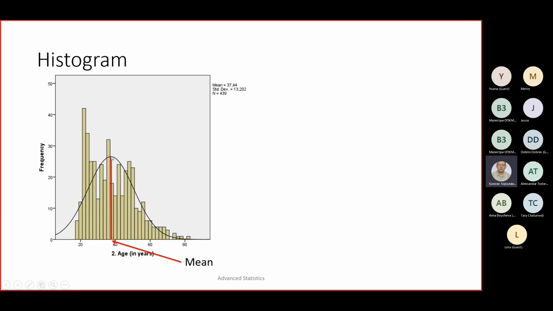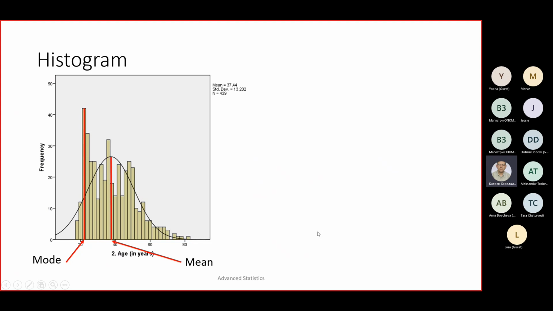The top of the normal distribution indicates the position of mean. Median cannot be seen here on this chart. Mode is here. The biggest or the largest frequency here, 21 years of age.